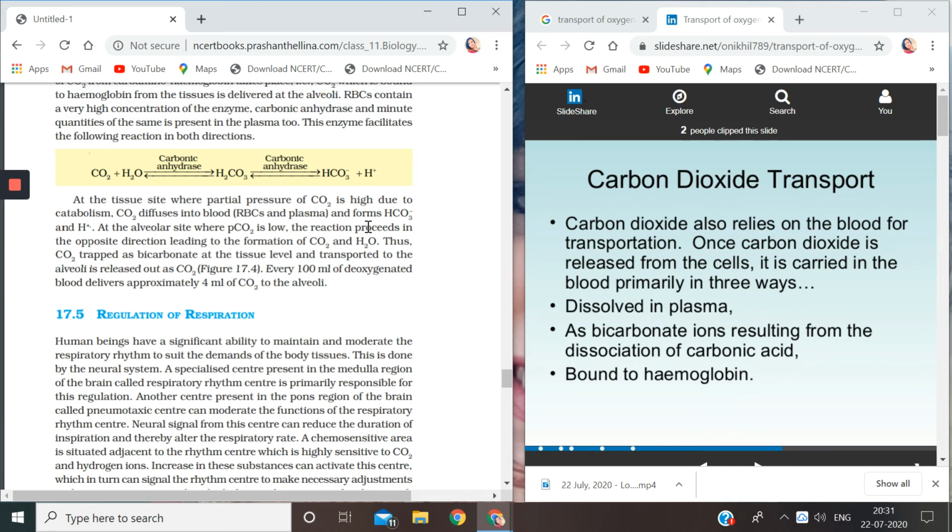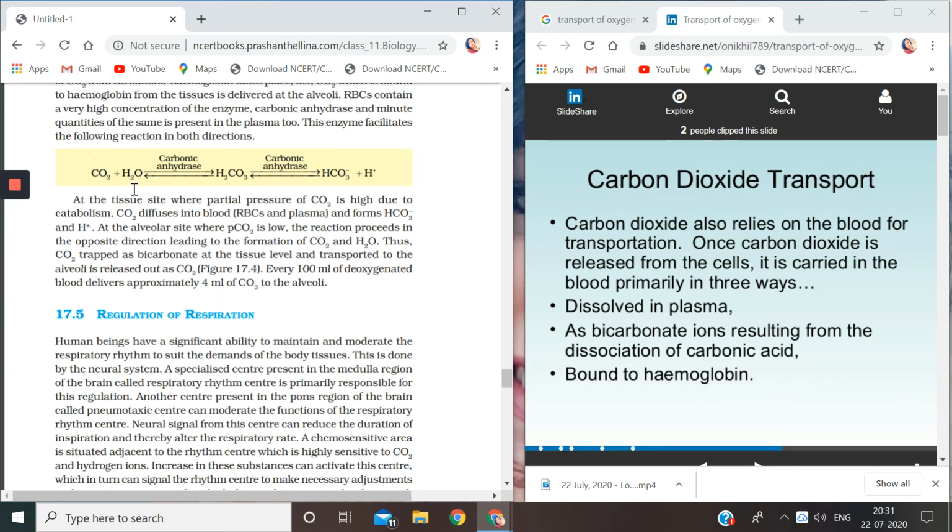We will be doing the exhalation. Thus, carbon dioxide trapped as bicarbonate at the tissue level and transported to the alveoli is released out as CO2. So every 100 ml of deoxygenated blood delivers approximately 4 ml of carbon dioxide to the alveoli.